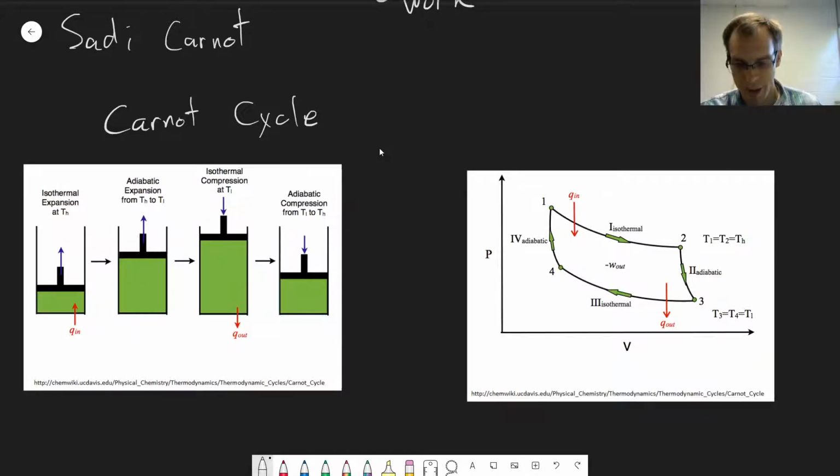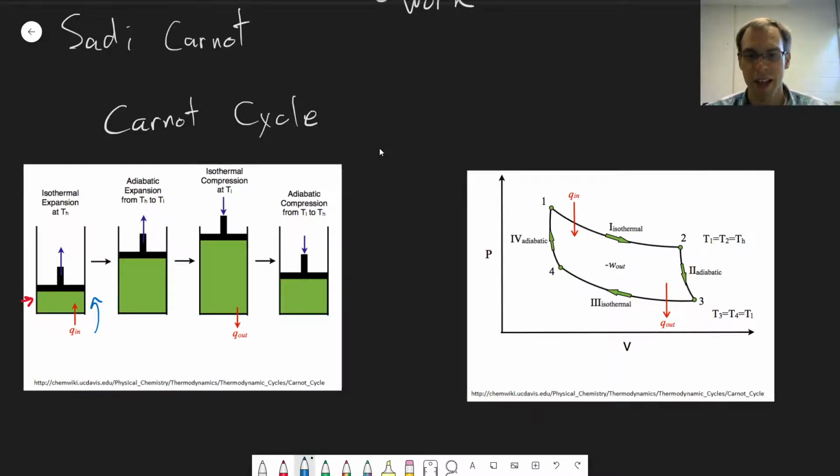What we have here is we start with a piston of some kind, usually, with a small volume. We have heat enter the system, whether through a chemical reaction or through contact with hot steam or whatever, and that leads to an expansion.